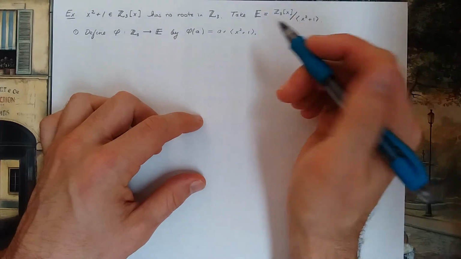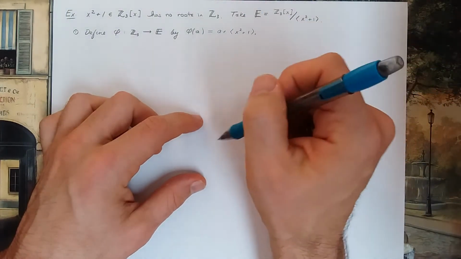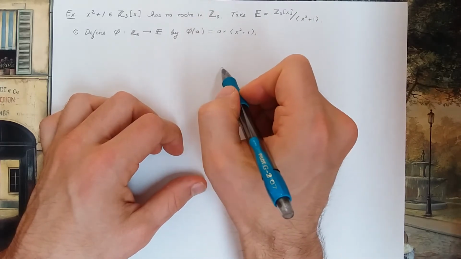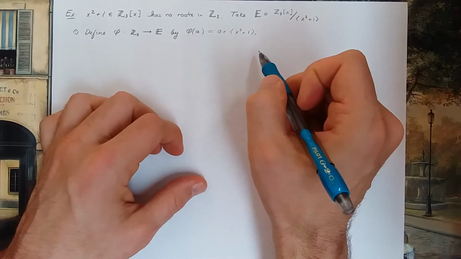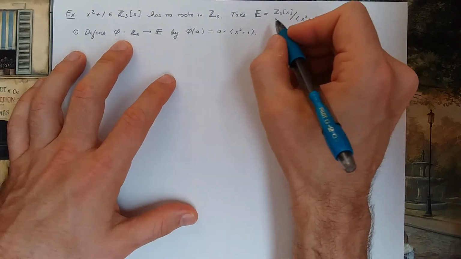You could check that. And it's also one-to-one. We're going to check that in a minute, but take it for granted for now that phi is indeed a one-to-one ring homomorphism.